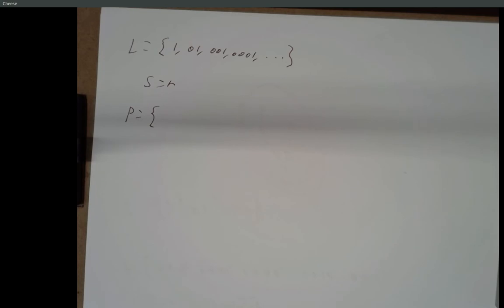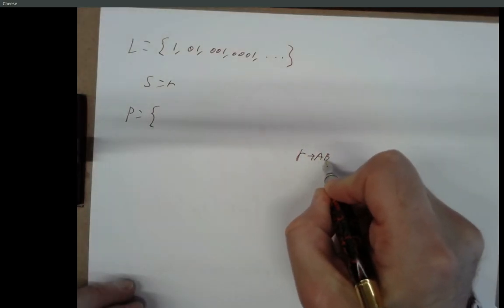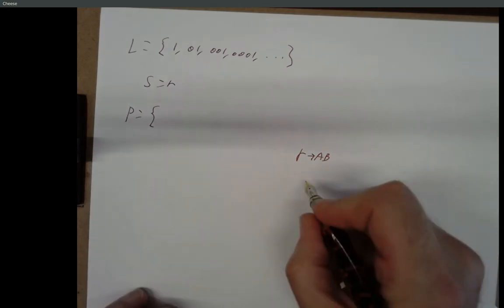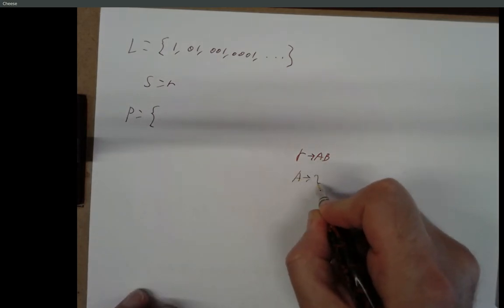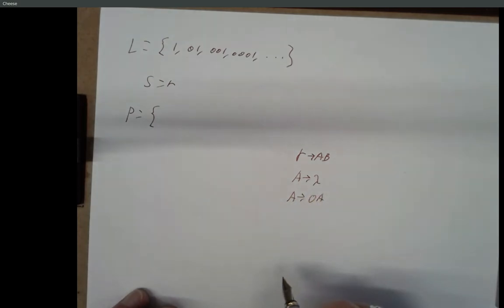So ideas, how can we produce this language with some production rules? R can go to AB. Okay, so let's try R goes to AB. A can go to the empty set, or A can go to 0, A. Okay.